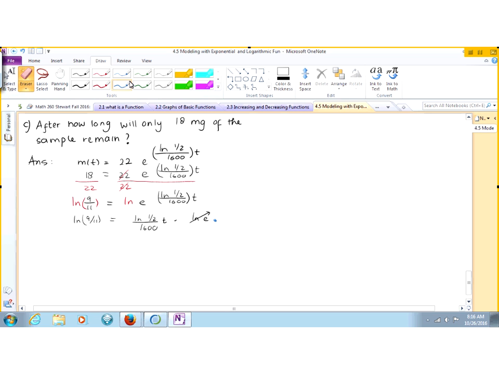So we're just going to multiply by the reciprocal, which is 1600 divided by ln half, on both sides. So what is t equal to? Then this one we need to use a calculator, don't we?